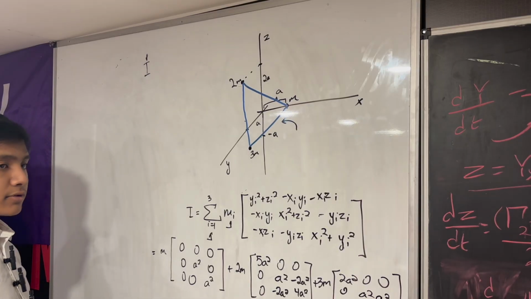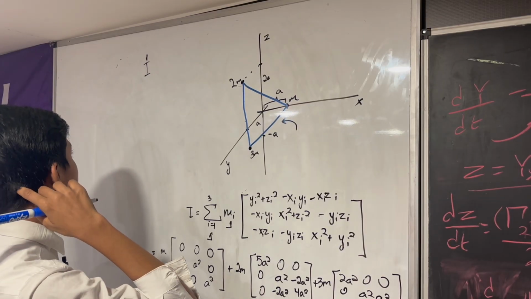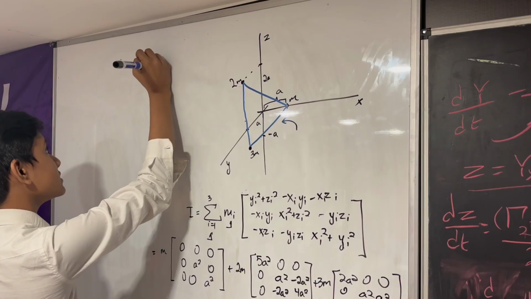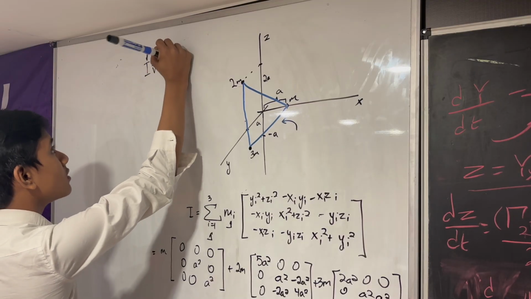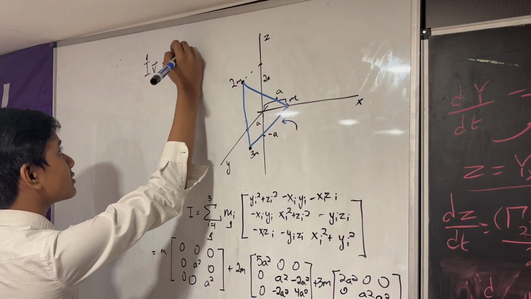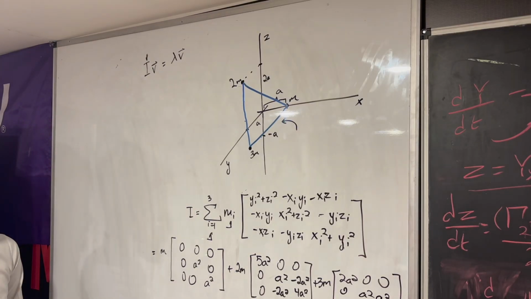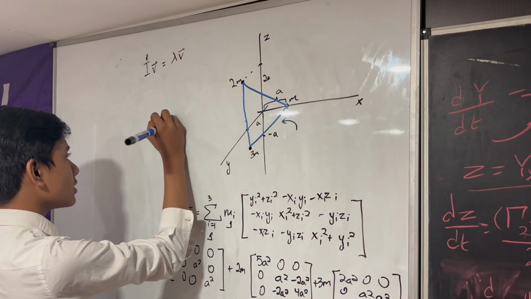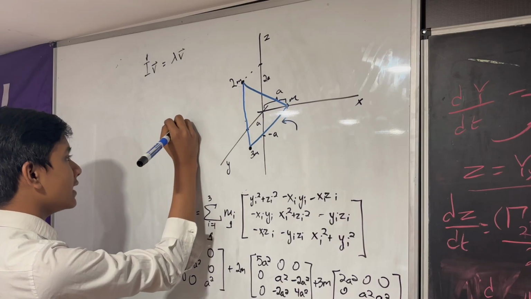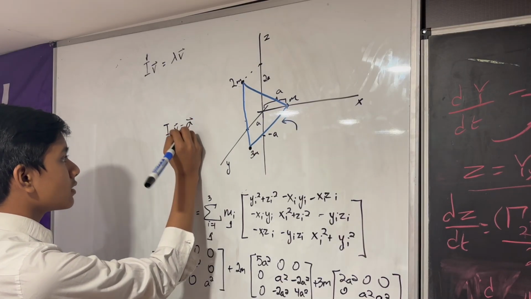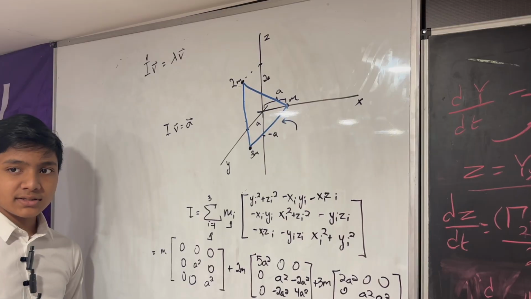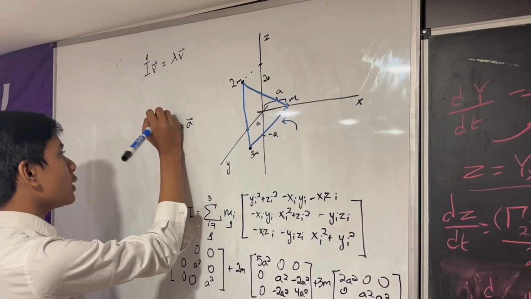Well, to do that, we first need to find its eigenvalues, which can be found using the equation I multiplied by a vector is equal to lambda multiplied by a vector. Now, the key here is to realize that a matrix multiplied by a vector is another vector. So, what happens if that matrix is square?